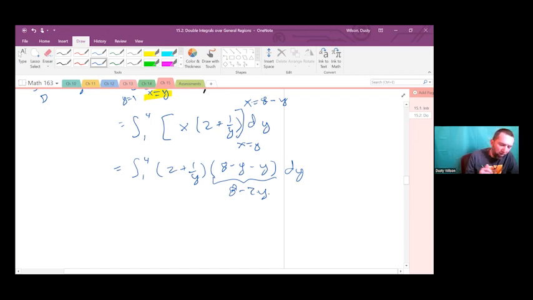Okay, so if I multiply all that out, I would have the integral from 1 to 4. I'm going to FOIL, so 2 times 8 is 16. 2 times minus 2y would be minus 4y. 1 over y times 8 would be plus 8 over y. 1 over y times minus 2y would be minus 2, and all of this is dy.